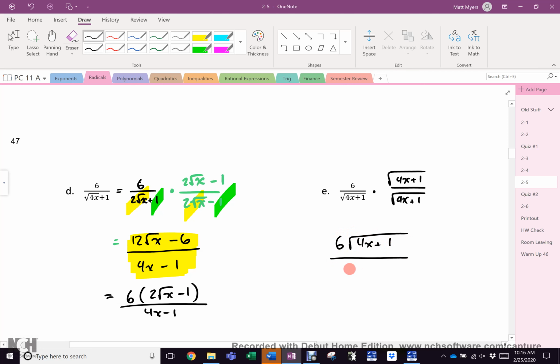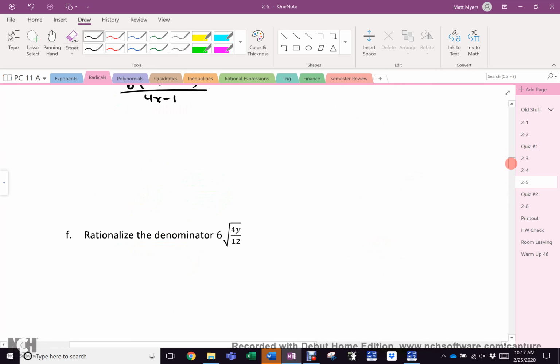Over what? 4x plus 1. And you can't simplify that, because this doesn't break down because it's got the plus. Everybody cool? Are we good? All right.